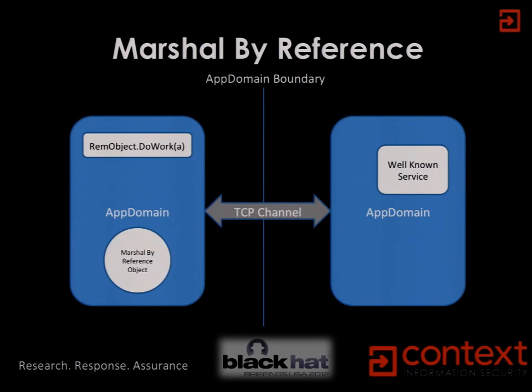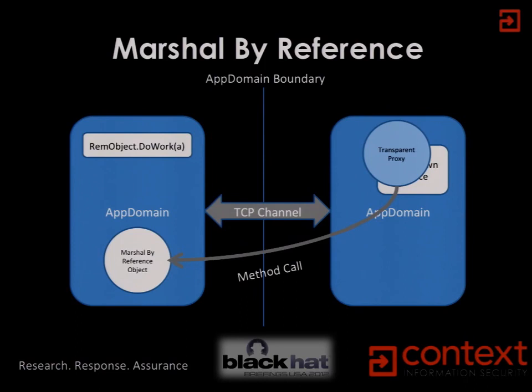And if you've used any other sort of remoting technology, such as RMI in Java, you're probably very familiar with this sort of concept. So the first one is marshal by reference. In this case, your object never actually leaves your app domain. But what it does do is it creates a special object which has all the information to refer back to the original value. It is actually then that which gets converted to some binary blob and passed across the link, where it can create a proxy object to talk back to the original object in your app domain.